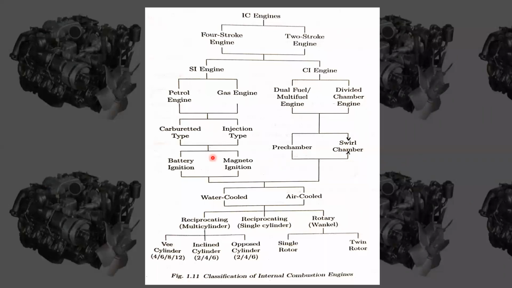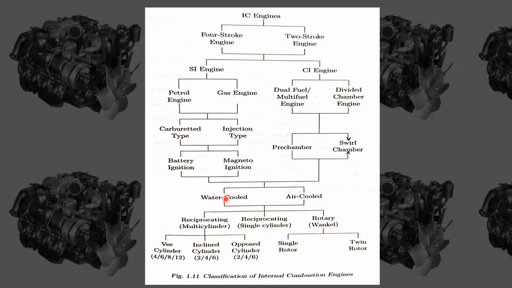Whether it is an SI engine or CI engine, we need to provide cooling. For high power engines we need water cooled engines, and for low power engines we need air cooled engines, because for high power engines air cooling is not sufficient. In a water cooled engine, the engine weight increases and we have to design accordingly.